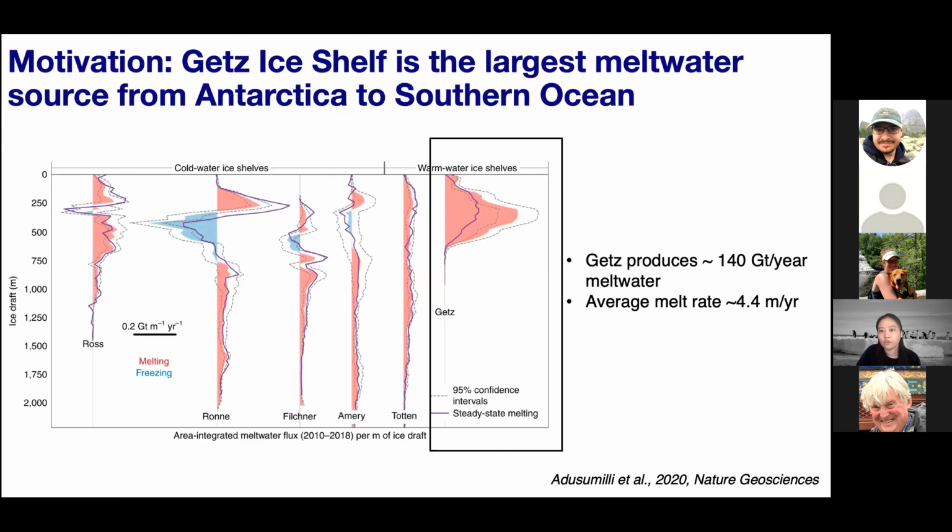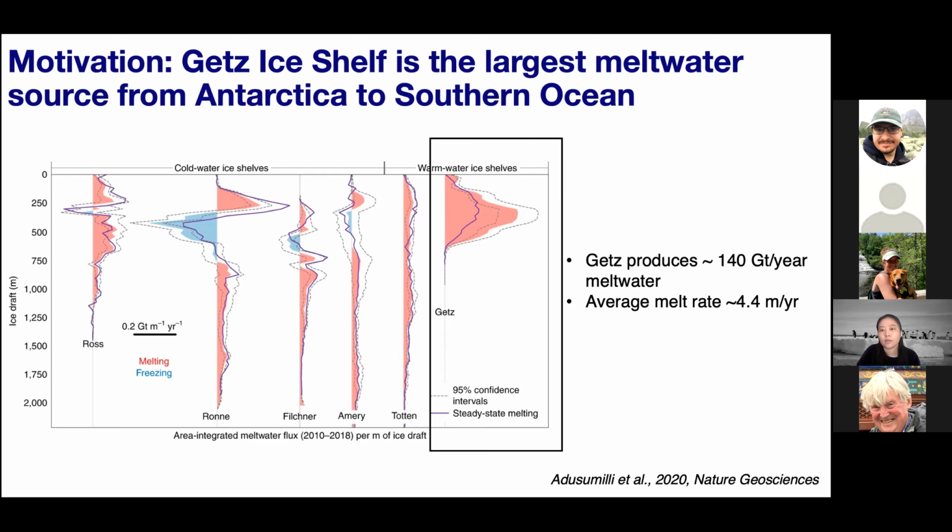I'm originally interested in Getz because it is the largest meltwater source from Antarctica to the Southern Ocean. It produces about 144 gigatons of fresh water per year and has an average melt rate of 4 meters per year. The influx of fresh water is also known to influence the ocean circulation and biological productivity.